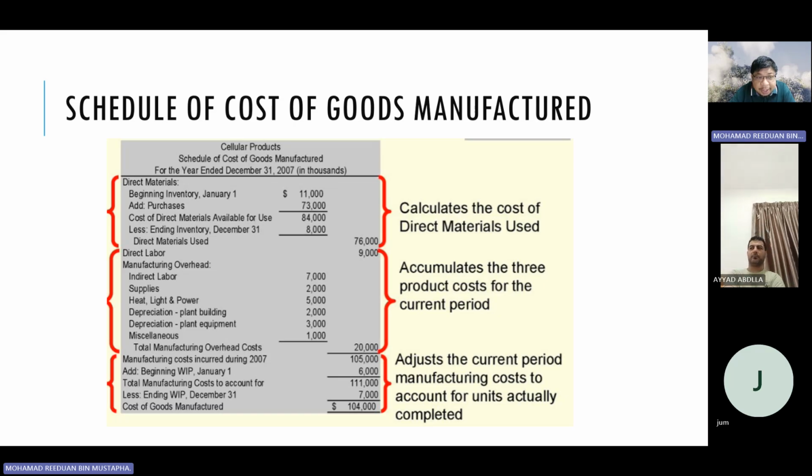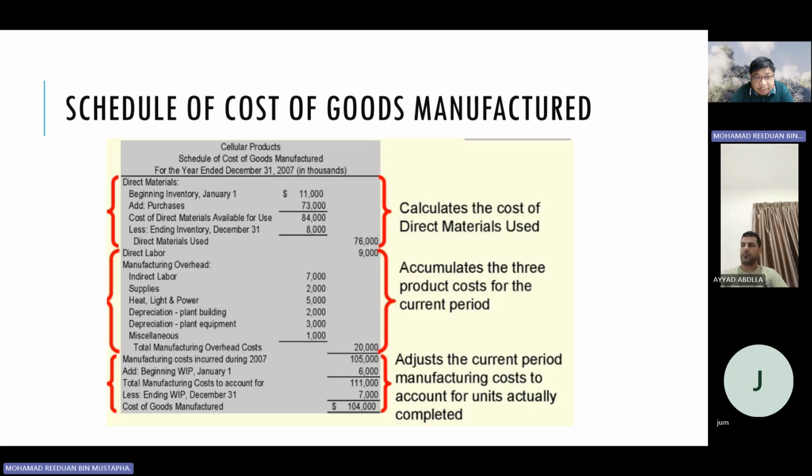know how much direct material there is in terms of stock, right? Either there is a stock or there is no stock. Based on this example, at the beginning of inventory on the 1st of January there is a stock, which has a value of 11,000. And then the purchases in the current year are 73,000.